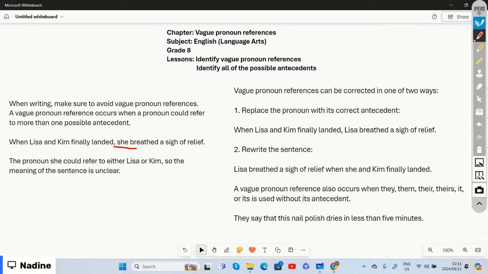But a vague pronoun reference can be corrected, and we can correct it in basically two ways. The first way to correct a vague pronoun reference is to replace the pronoun with its correct antecedent.